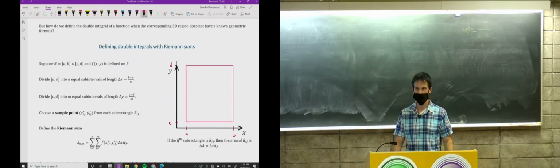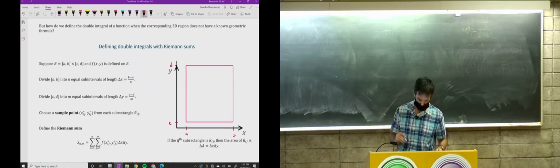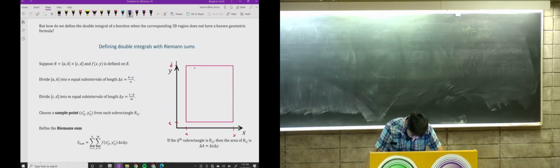Remember how in the one variable case we chopped up the interval into subintervals? Well, that's what I'm going to do here to both AB and to CD. So let me chop AB into a bunch of subintervals.